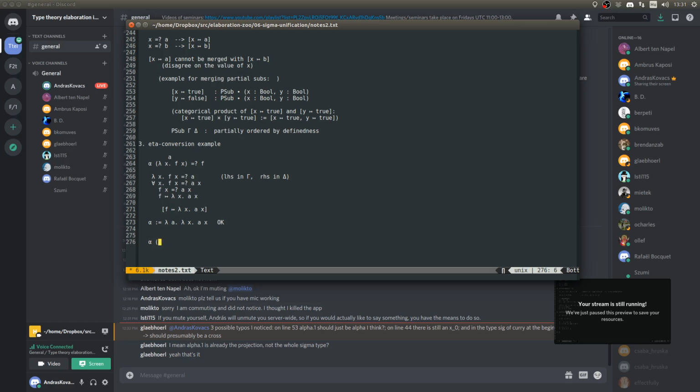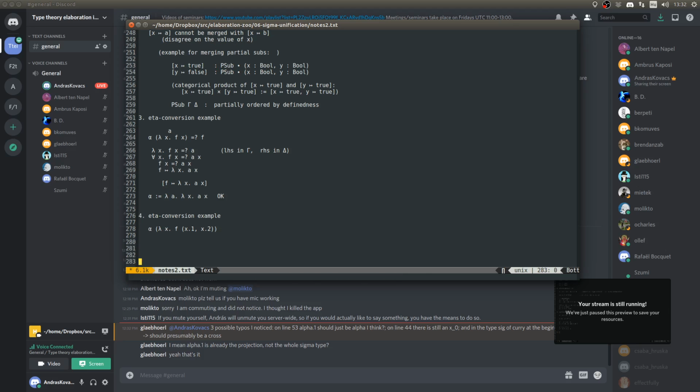Okay, maybe there is a better example, like if I have an x and I can do an f of x.1, x.2, right? So I think this is probably a better example, because this requires some fairly expensive machinery to do with the previous solution, but it's very simple with the new solution.